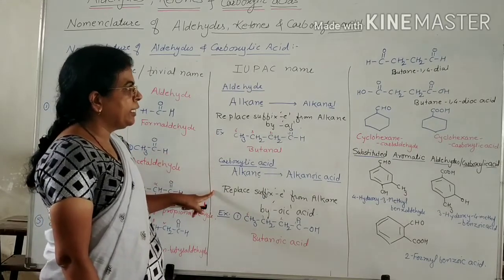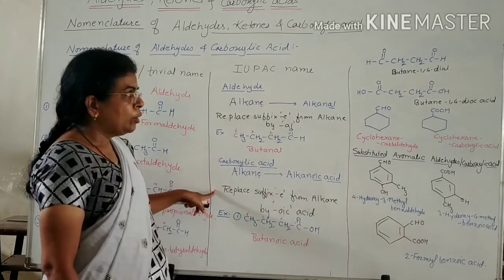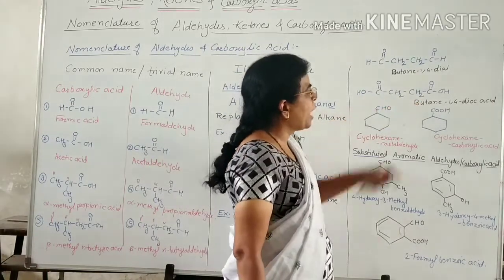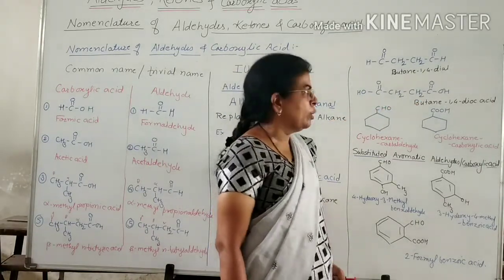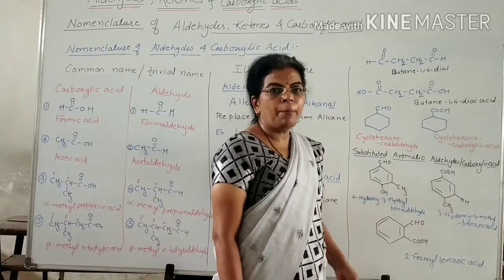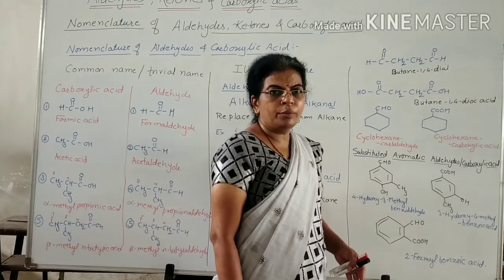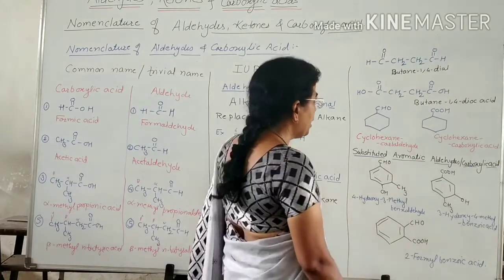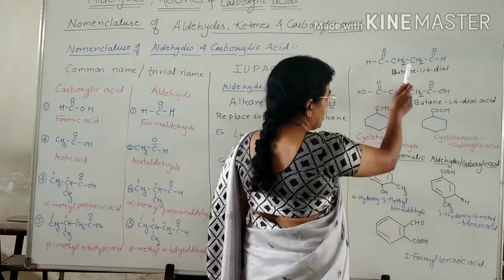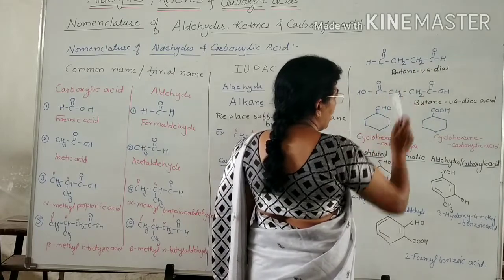Now, if 2 aldehyde groups or 2 carboxylic groups are present in the molecule, and these aldehyde and carboxylic acid groups are present at the end of the molecule, that is terminal of the chain. Now here there are 2 aldehyde groups present in this example. Now here there are 1, 2, 3, 4 carbon atoms.